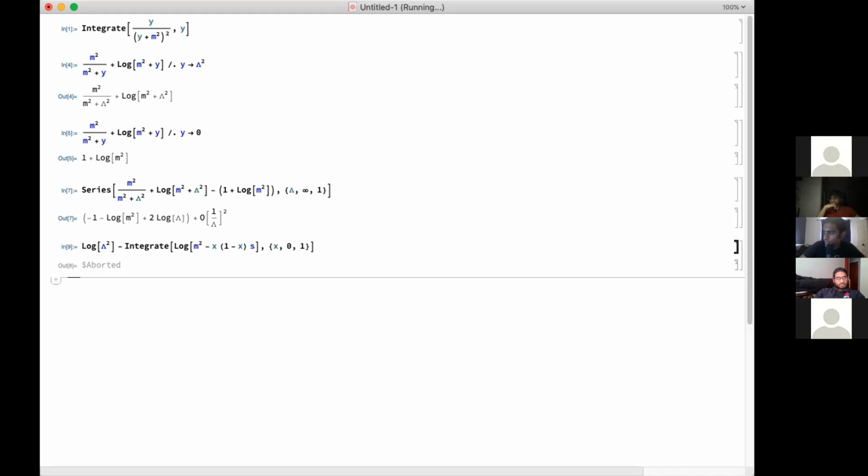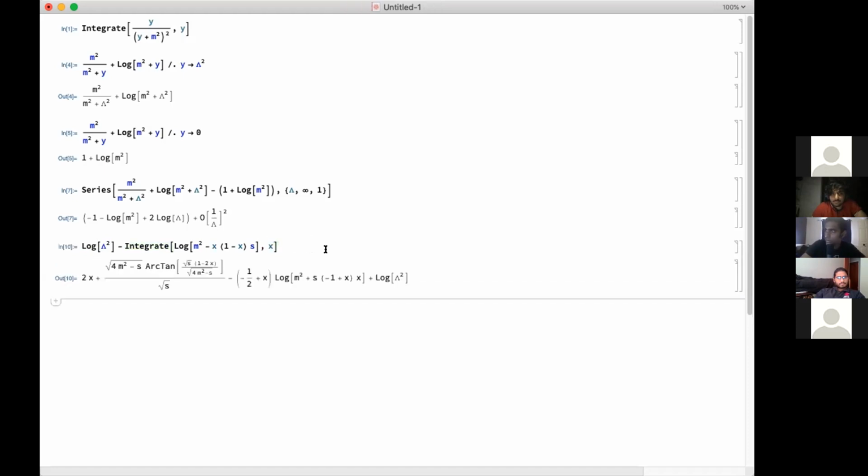Okay, well, while we're waiting, someone might actually be able to calculate this themselves. Actually, definite integrals are also not Mathematica's friend. So let's do indefinite. Okay, great.